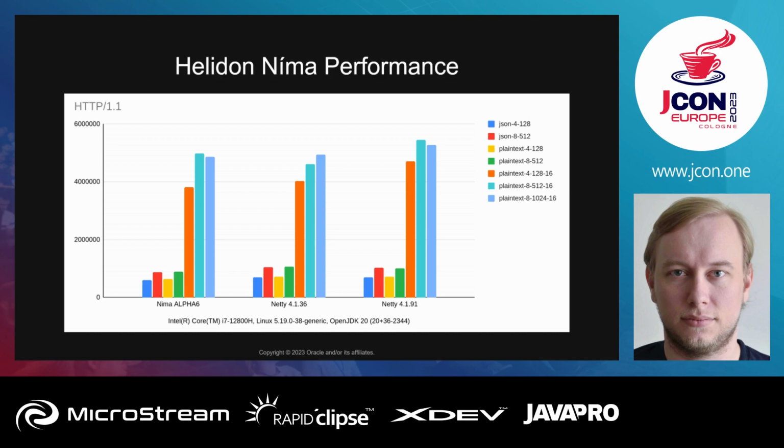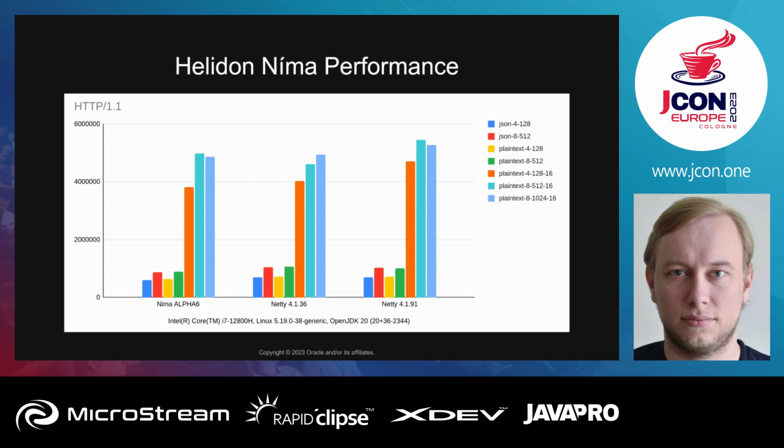Right, so now let's take a look at some performance graphs, because we had to do some performance measurements. Otherwise we wouldn't be able to say whether we are going in the right direction, right? So these results are for Nima at Alpha 6 release.